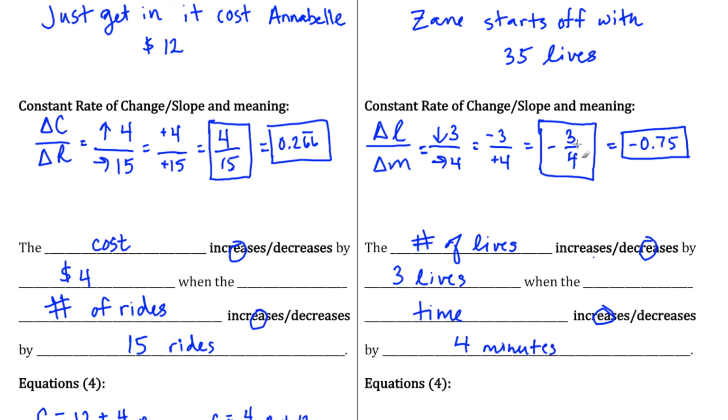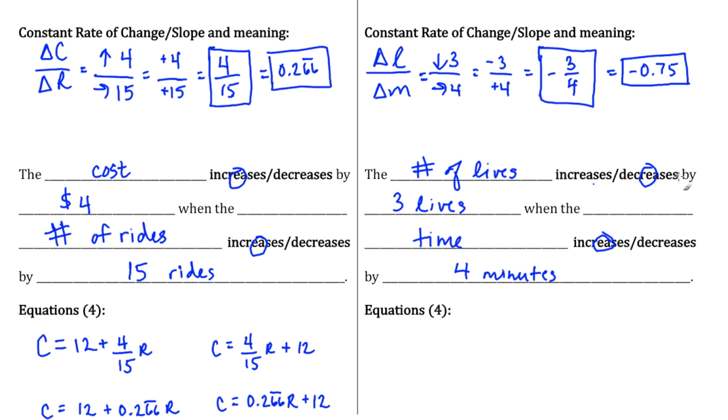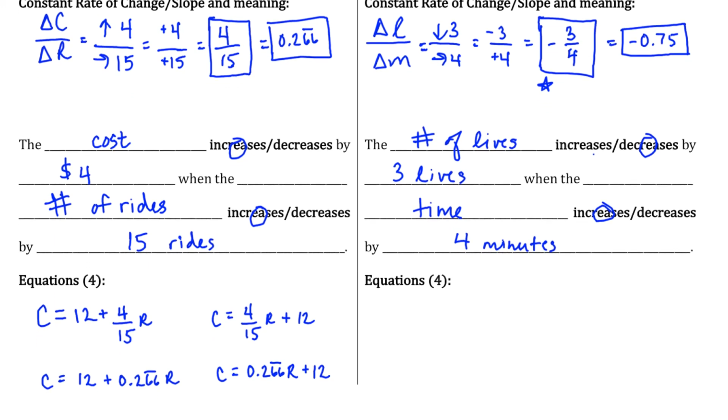Remember, we want to use this one. Technically, you could use the other one too if you want, it's just over 1. But this simplified fraction is the one we like to use here, or I would like you to use in your explanation.